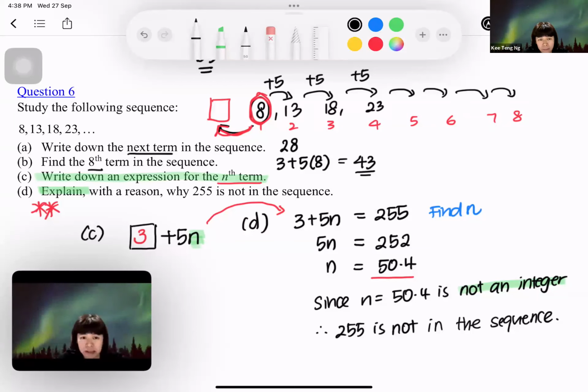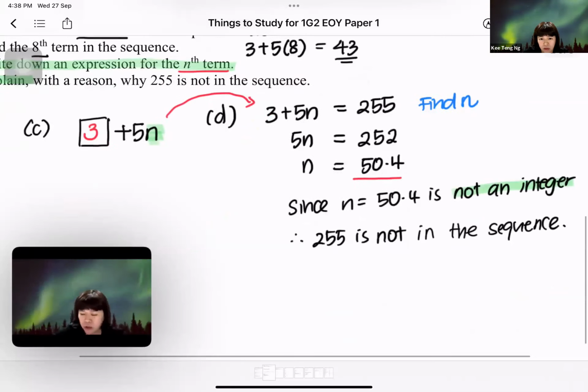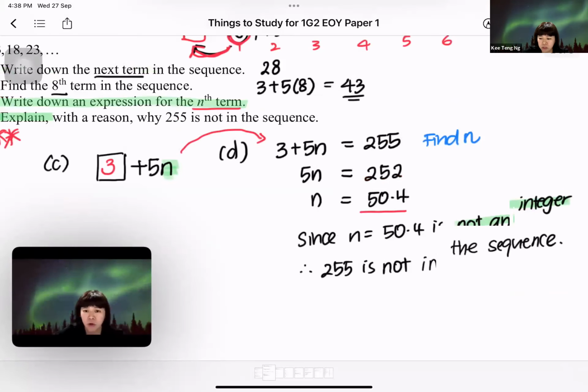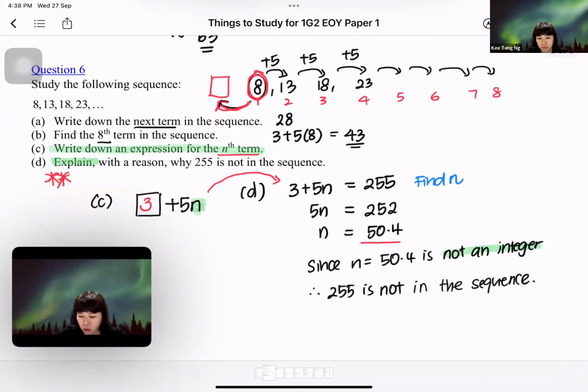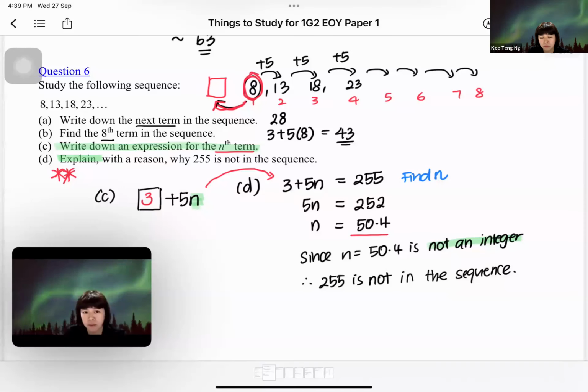So, is this question okay or not? Okay, then move down a little to where? Okay, this part. Or do you want to see the one on top, or which one do you want to see? Okay, so if it's not an integer, then this one is not in the sequence.